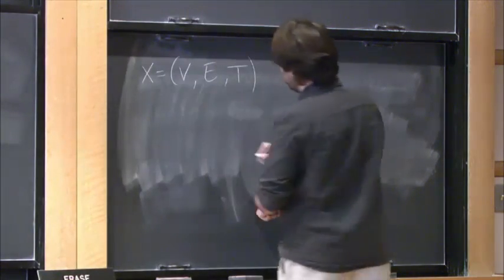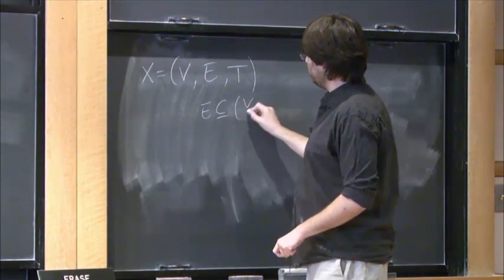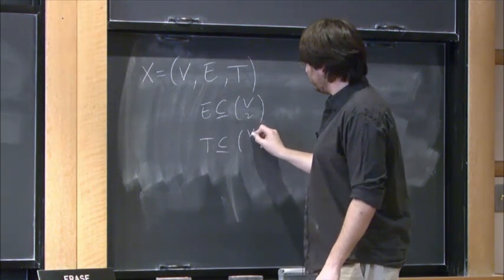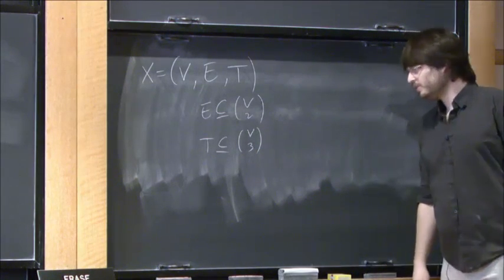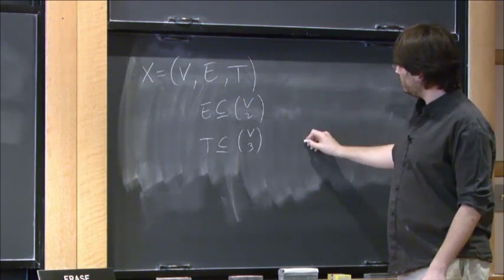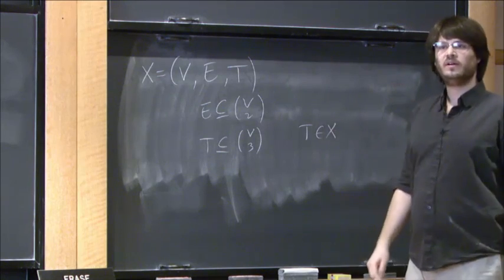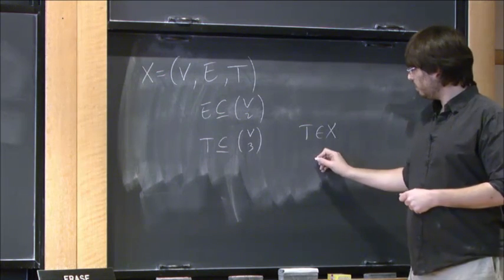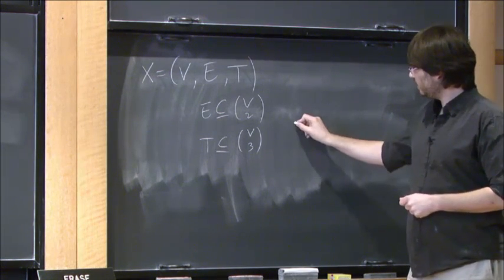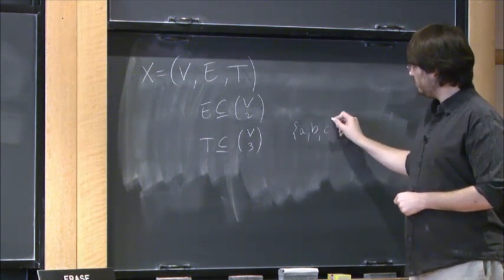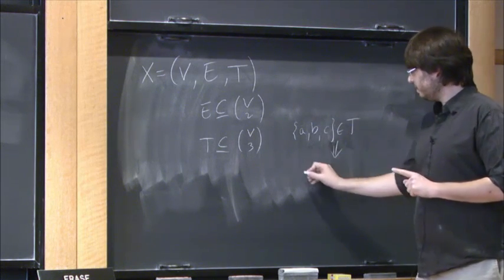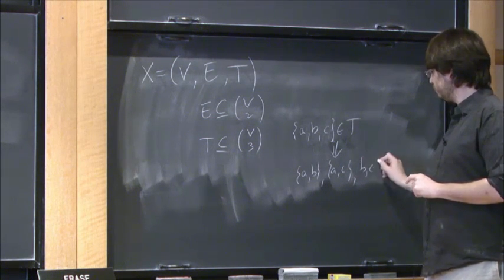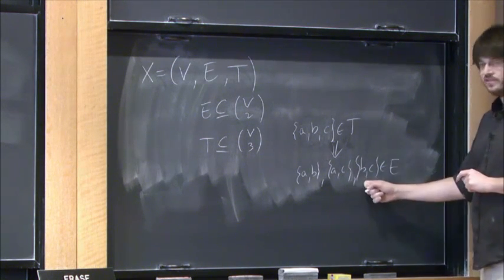E is just some collection of pairs of vertices, and T is some collection of triplets of vertices. And now I should say, if some triangle ABC is in T, then I will need to have all the edges AB, AC, and BC in the edges. So this is one restriction.